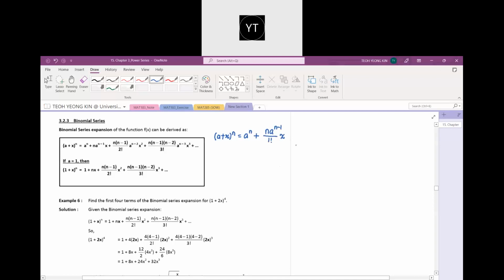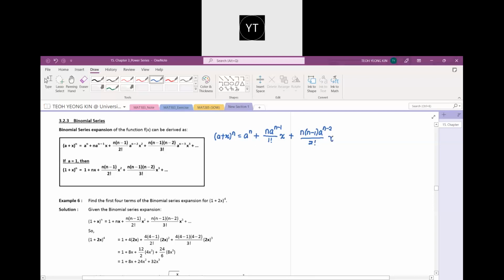And for the second part, multiply n minus 1 to the front, I will have n times n minus 1, a^(n-2) over 2 factorial.